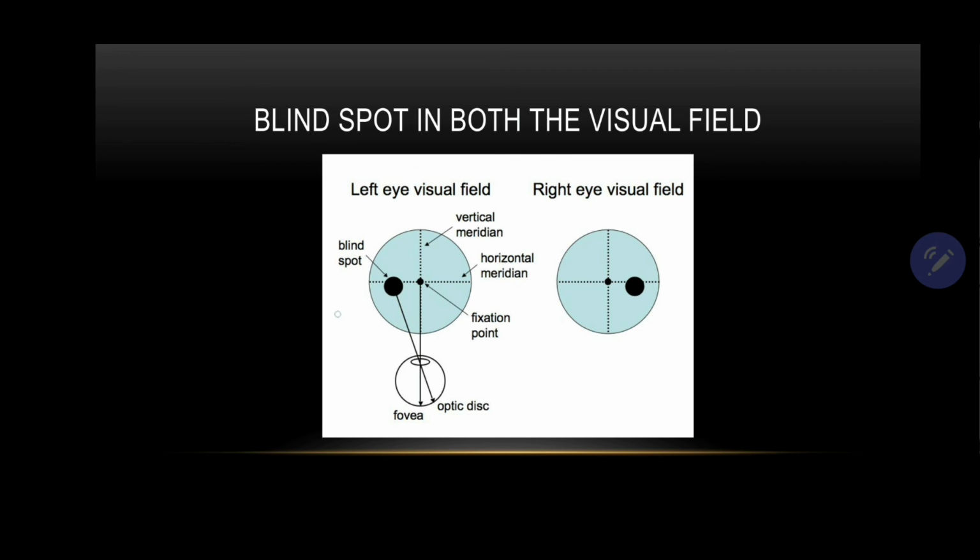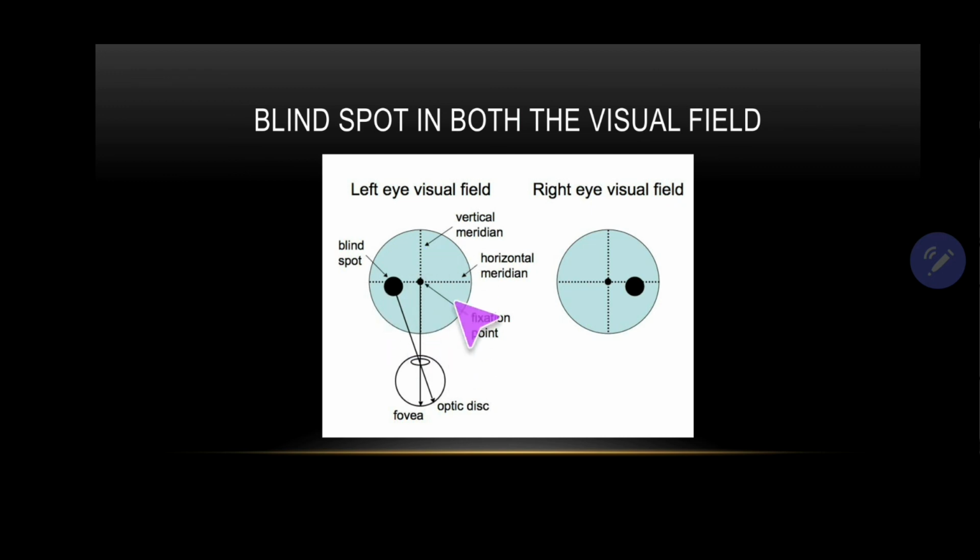Got it? And this is what I was demonstrating: this is the eyeball, this is the visual field. Now you've understood that the images from the blind spot, from this area a little lateral to the center of the visual field, the physiological scotoma, are formed at the optic disc. That's why it's a mirror image.